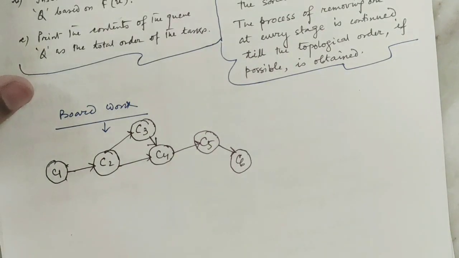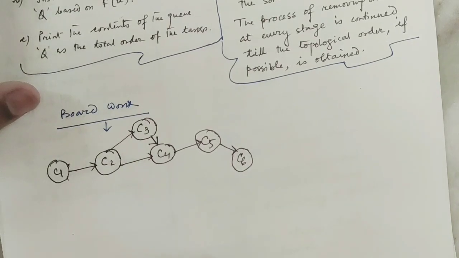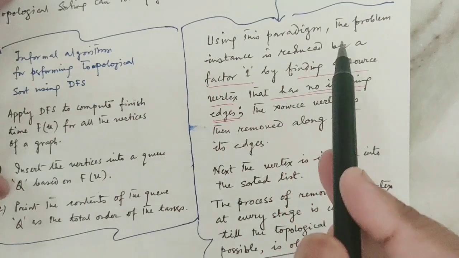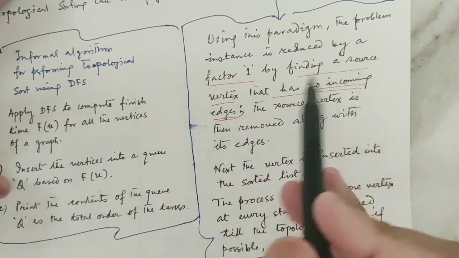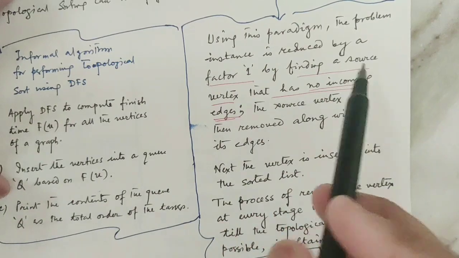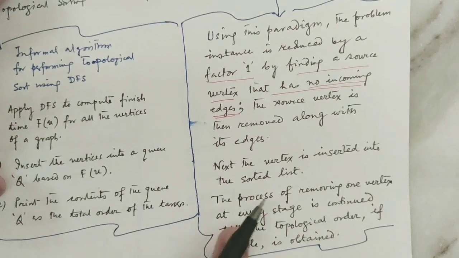Okay, fine. So in this graph, the vertex that has no incoming edge is nothing but C1. This is the only vertex with no incoming edge, and you just go through the first point. Using this paradigm, the problem instance is reduced by a factor of 1 by finding a source vertex that has no incoming edges, and the source vertex is then removed along with its edges.